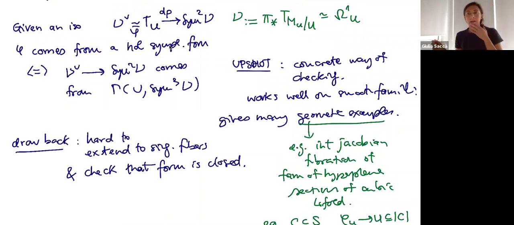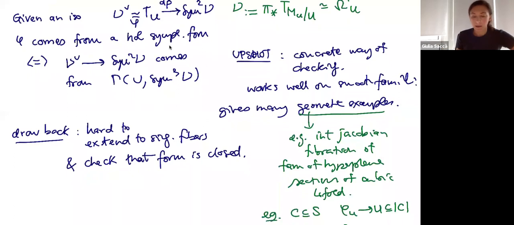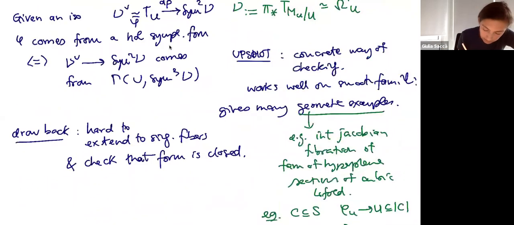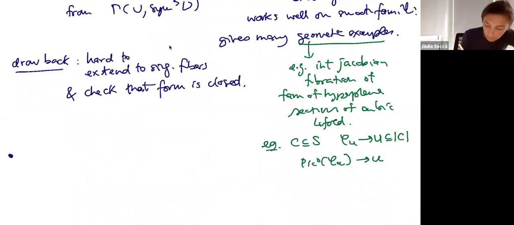Okay, so an alternative way, or maybe I should say not alternative but complementary, is what I want to call a cyclotheoretic condition, cyclotheoretic symplectic form.